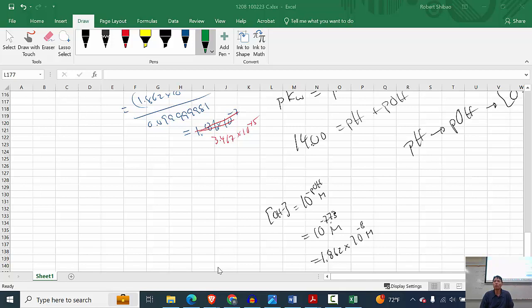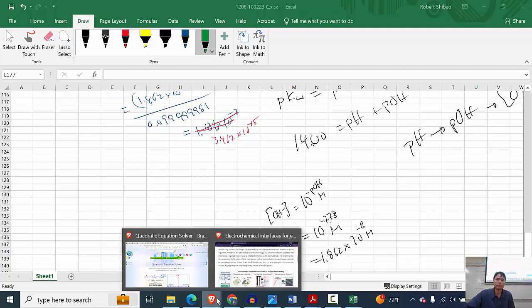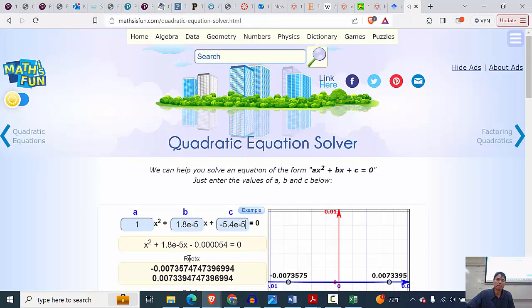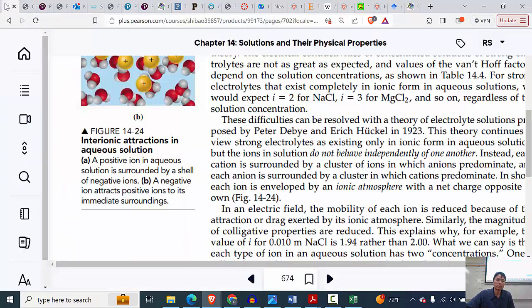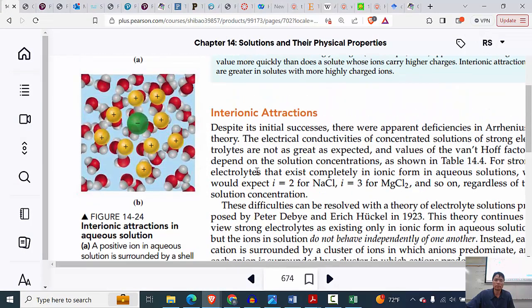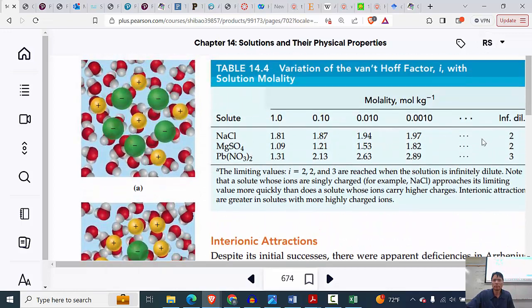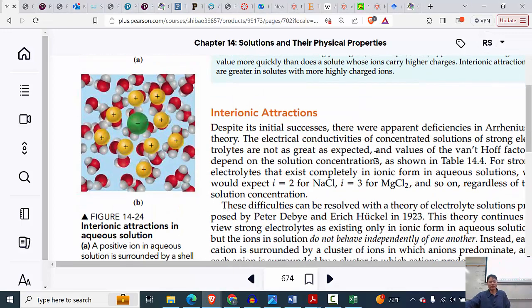Do solutions behave more ideally at lower concentrations, or do solutions behave more ideally at higher concentrations? Okay, finally got rid of that window.